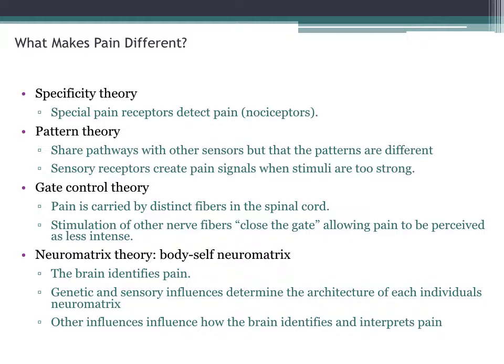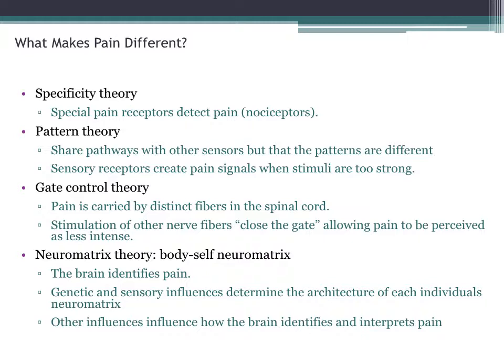Well, there are several theories about that, and many people have offered theories about how and why we feel pain. One theory is the specificity theory, and that is basically what we've been talking about: that there are special pain receptors that feel pain, or nociceptors, and there are also special areas in the forebrain where we interpret or experience pain, which is pretty much what we've been saying up to this point.